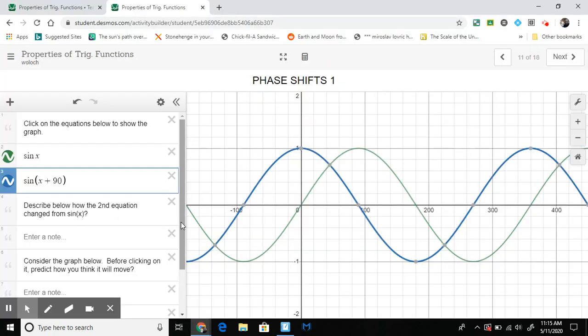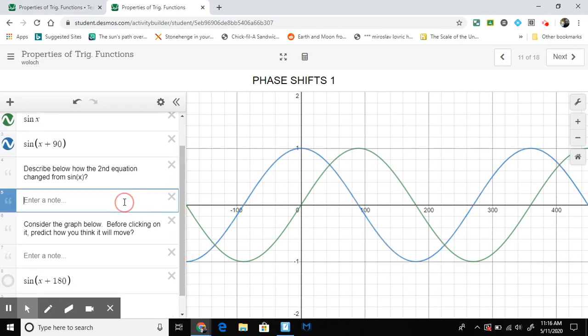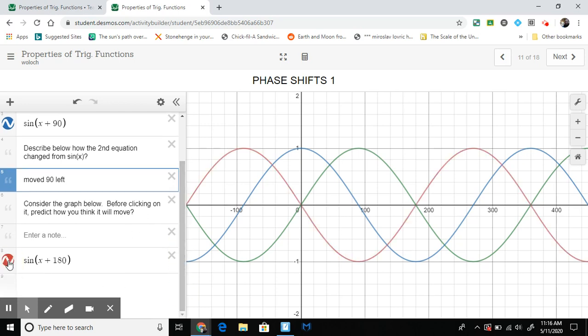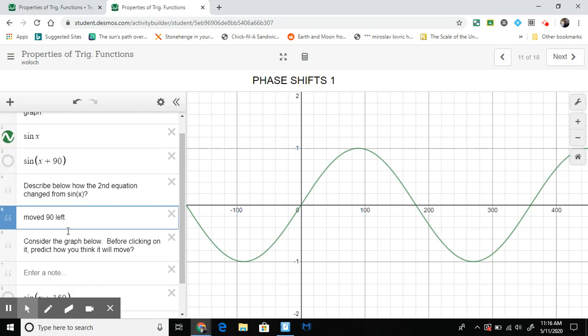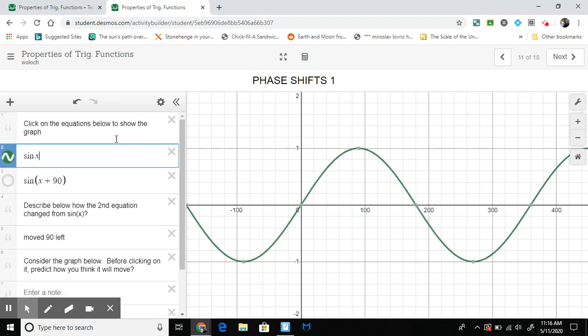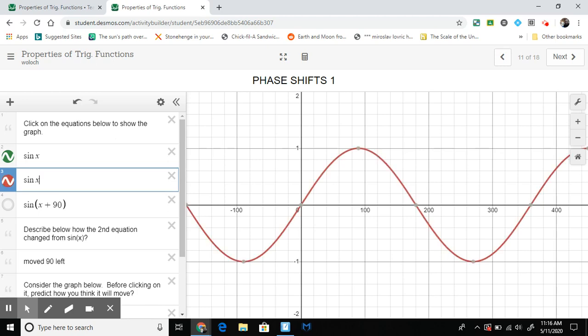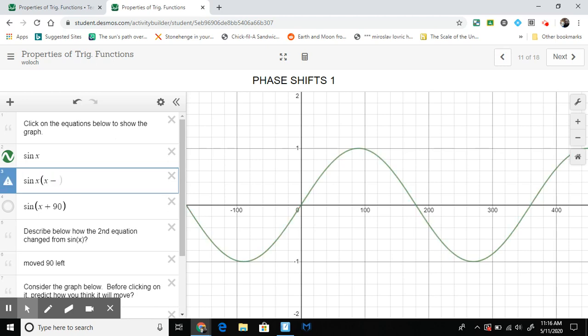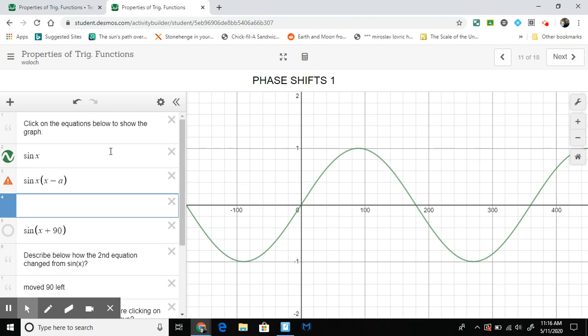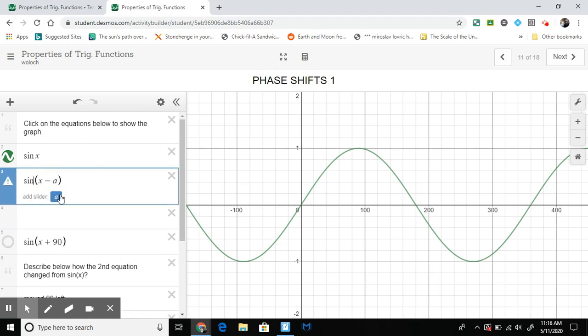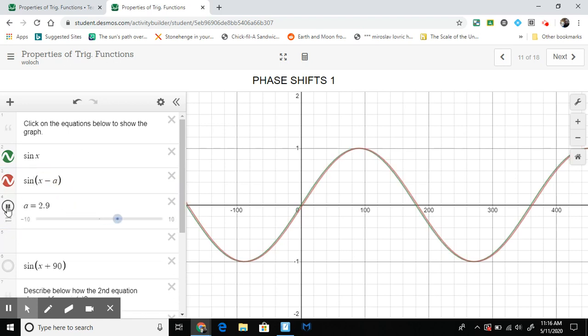So describe how the second equation changed. Well, we say it moved 90 to the left. This one is going to move 180 to the left. And again, you can do this on here: if I type sine of x minus a, add a slider, and then I hit play, what's happening?